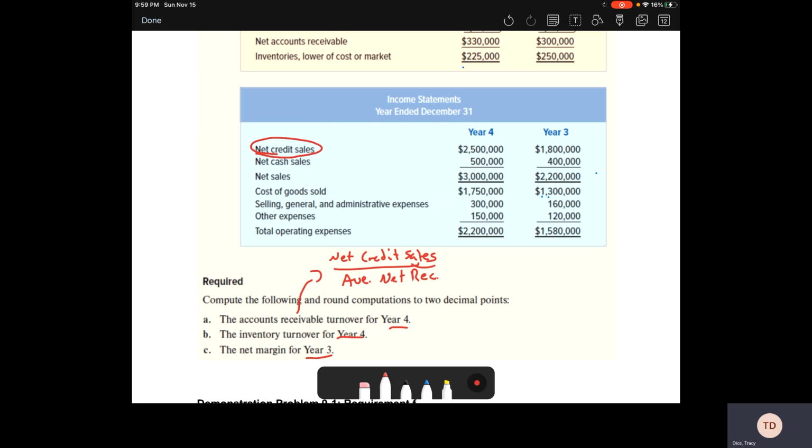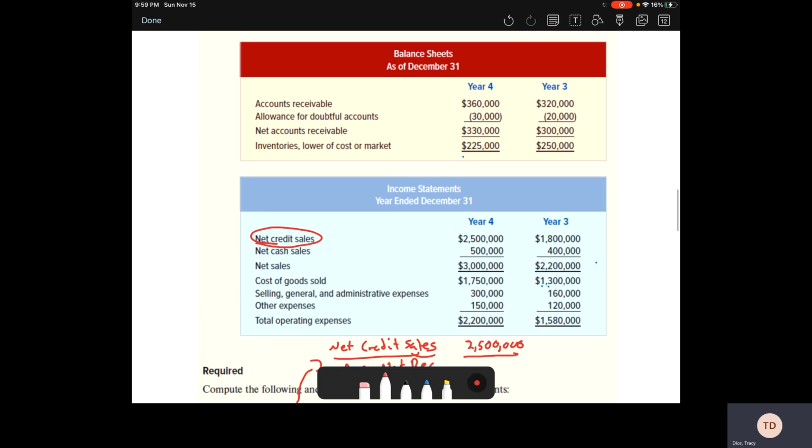So for year 4, that is $2,500,000. Got to go up and find our net accounts receivable. Remember, your net accounts receivable is your accounts receivable minus that allowance for doubtful accounts. So what are we thinking is not going to be collectible? So we've got our two net accounts there.